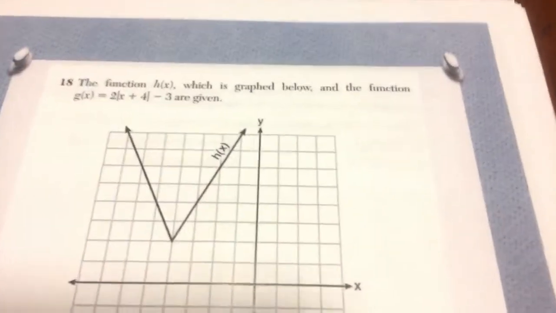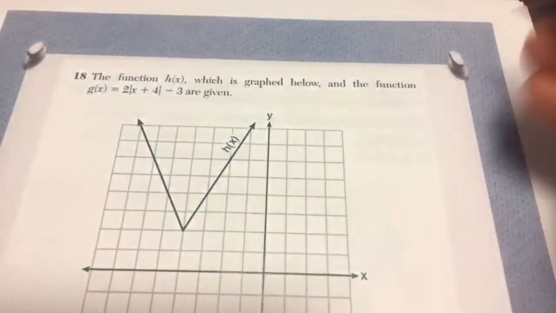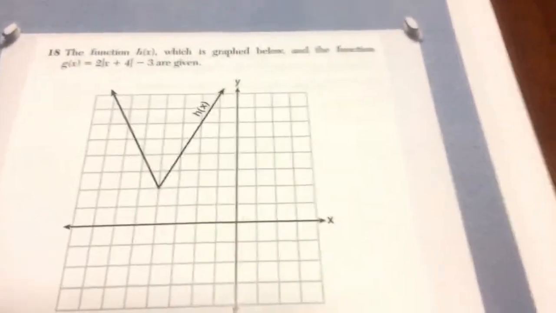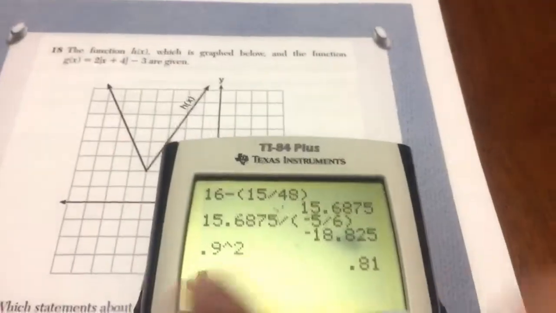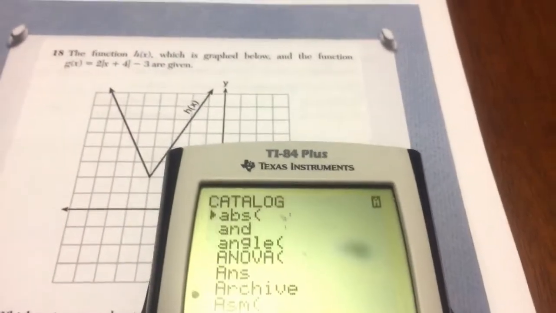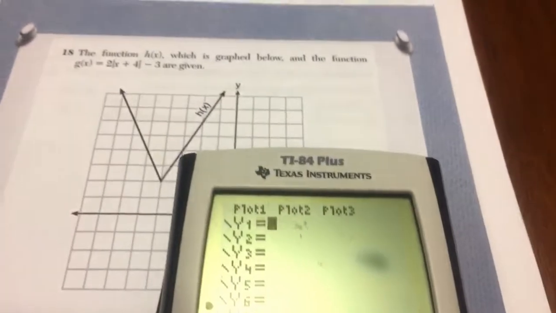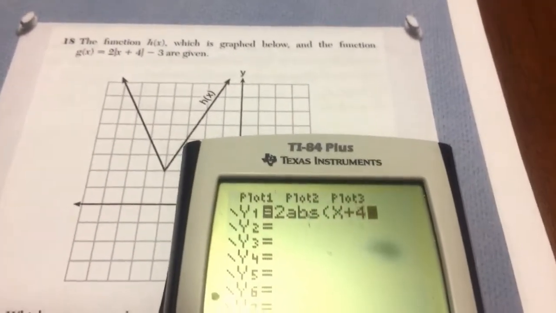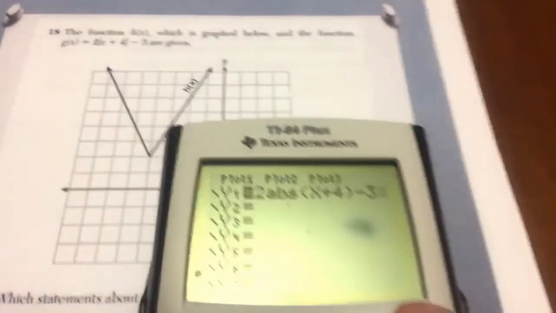In number 18, the function h of x is graphed and the function g of x is given. This is not graphed, so I'm going to type this into my calculator, and I'm going to do 2 times the absolute value of x plus 4, minus 3.